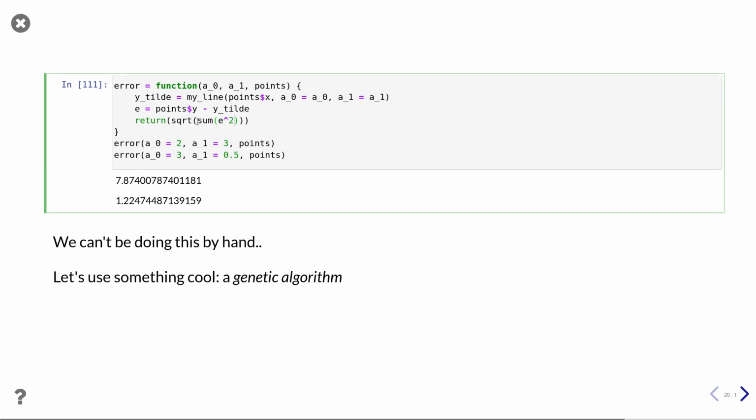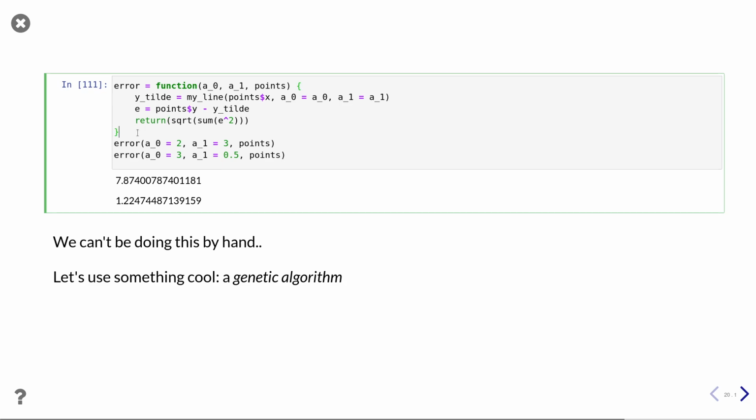Once I have this, what I have is epsilon 1 squared, epsilon 2 squared, epsilon 3 squared. So now I need to sum epsilon 1 squared plus epsilon 2 squared plus epsilon 3 squared. And sum is simply the sum of the elements in the vector. And then I take the square root of this sum.